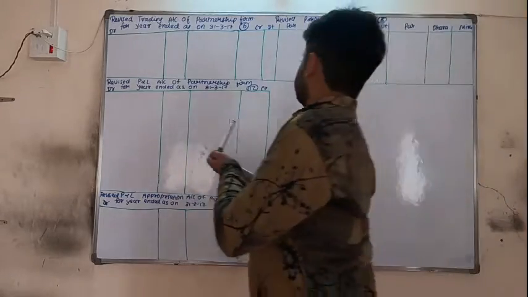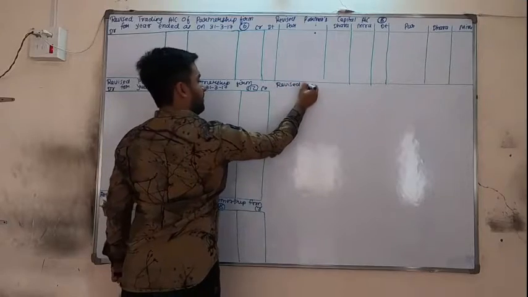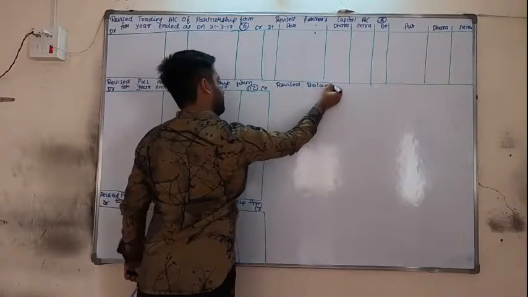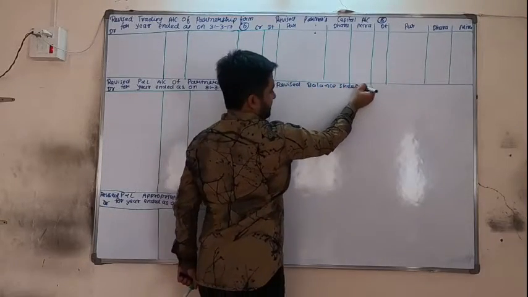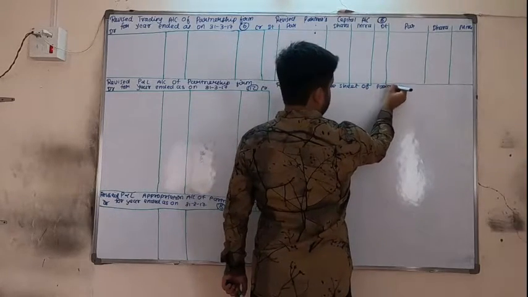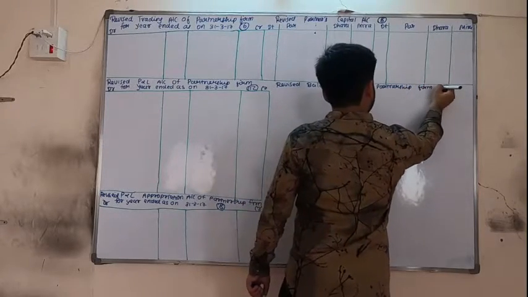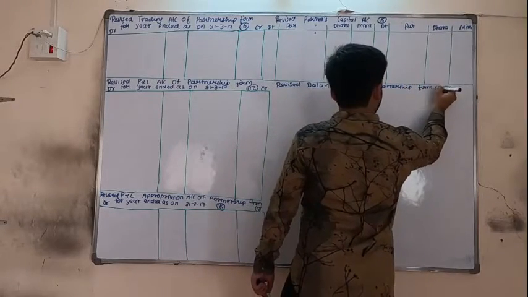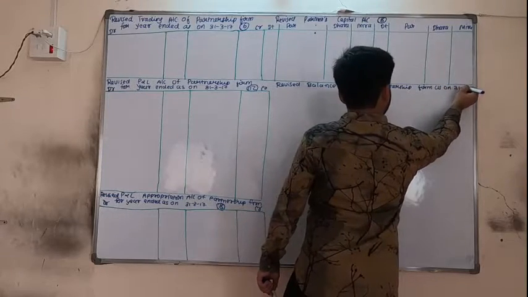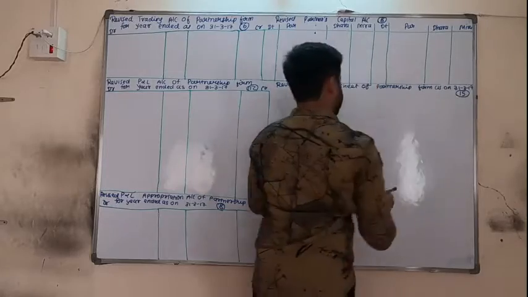And lastly, revised balance sheet of partnership firm as on 31/3/17, let it be of 15 lines.